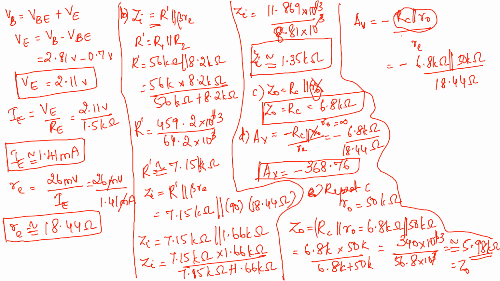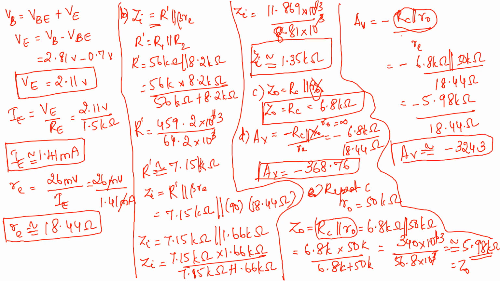That is nothing but your output impedance. So it will be equal to minus 5.98 kilo ohm divided by 18.44 ohm. So you will be getting AV approximately equal to minus 324.3. Okay, so these are the values which you have got.